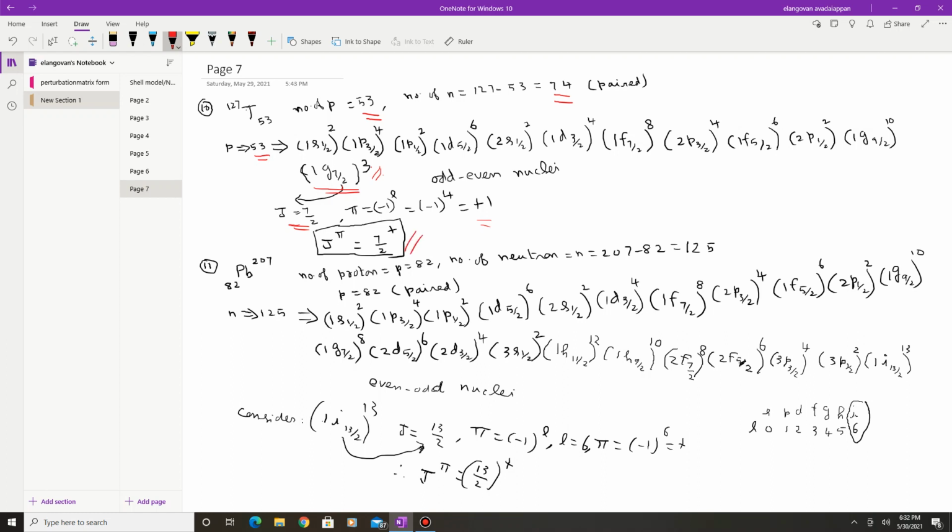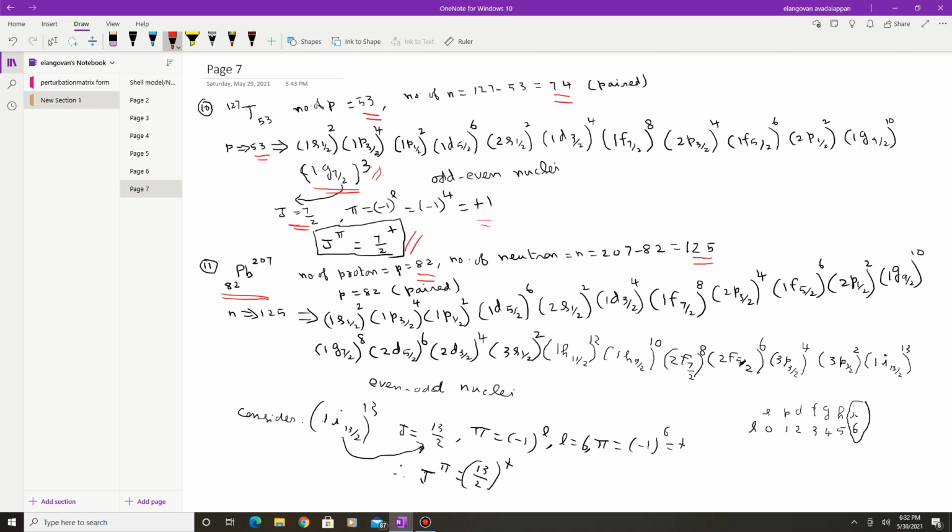Now usually the larger value of Z or proton number will not be asked in the examination, but we must be able to write down the level sequence, and we must be able to calculate the J value as well as the parity. So here the proton number is 82, and the neutron number is 125.